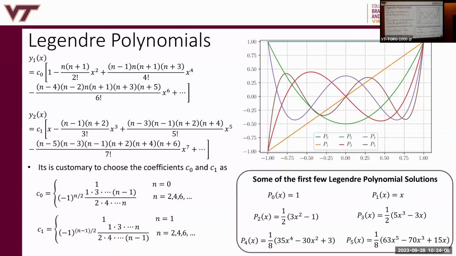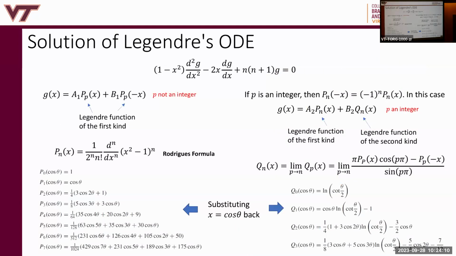If p is not an integer, this is being stated to you, then you can have another solution, which is the minus, which is linearly independent from this. So basically, you can construct two linearly independent solutions, one having a positive argument, one having a negative argument, if p is not an integer.